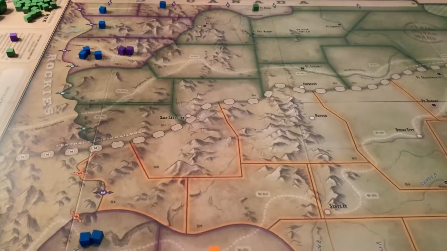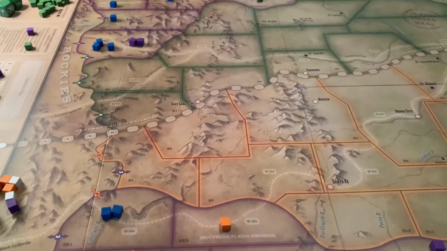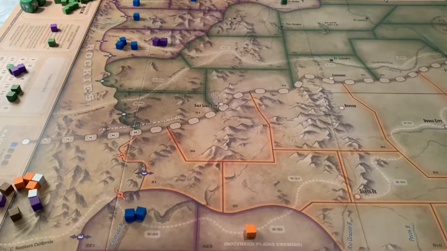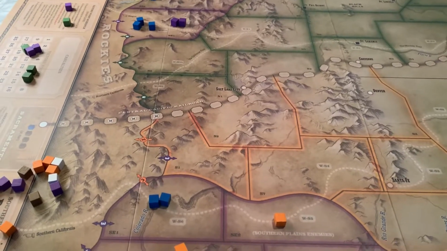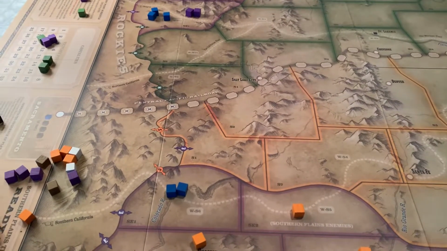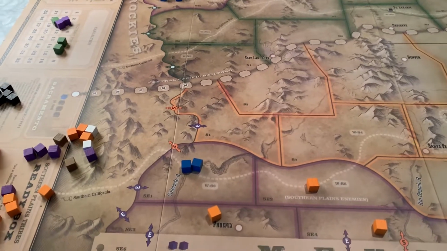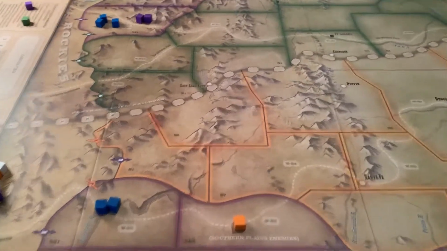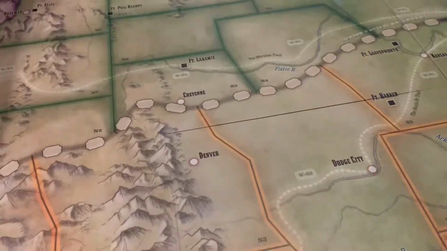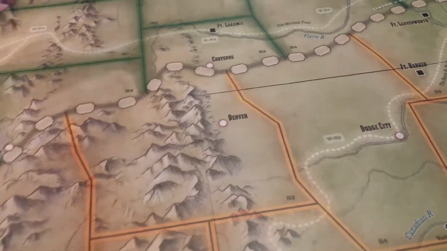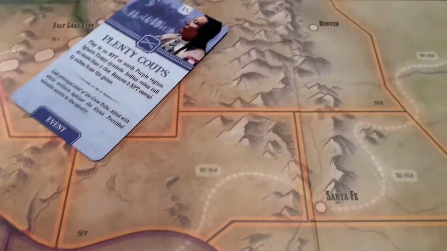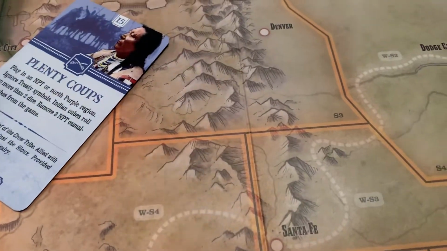Another thing you need to be aware of, in the rare situation where the game is tied, then the first tiebreaker is whichever player has control of the majority of the purple region. So check out that tiebreaker. And then I kind of wanted to discuss a couple of the cards. Plenty Coup, just one.